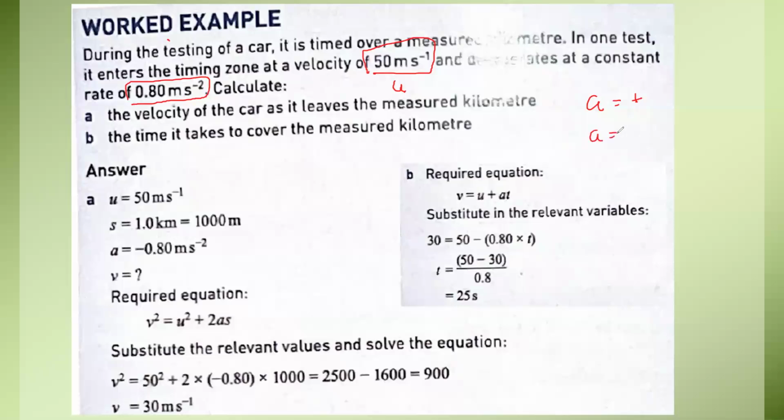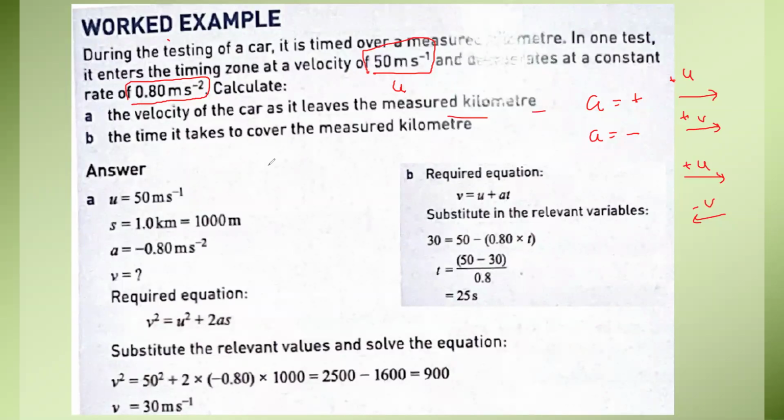If it is decelerating, you take it as negative. If initial and final velocities are in the same direction, you take both as positive. If the initial is toward the right and the final is toward the left, then if one is positive, the other should be negative. Any one of them you can take, it's up to you which direction you want to consider. Calculate the velocity of the car as it leaves the measured kilometer.